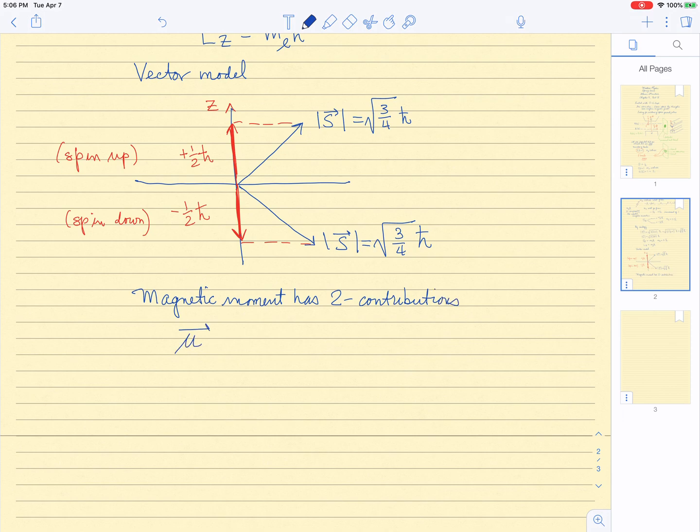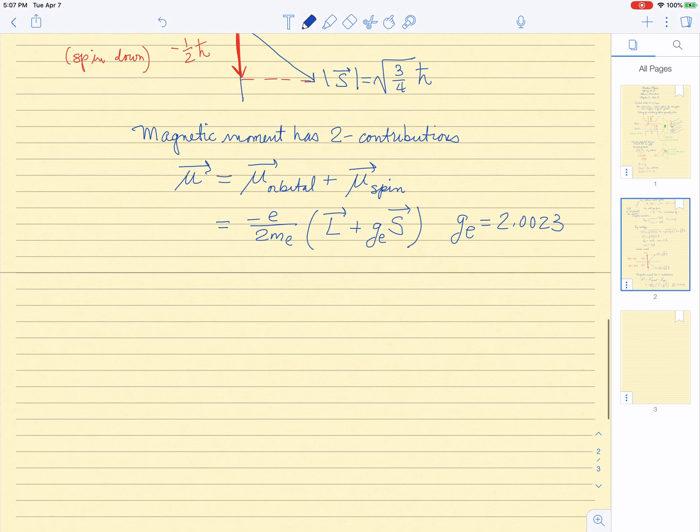The total magnetic moment is actually the sum of the orbital contribution plus the spin contribution, and that's going to be equal to negative e over 2 m sub e times L plus S, with our added g factor, where we remember that g sub e is 2.0023.